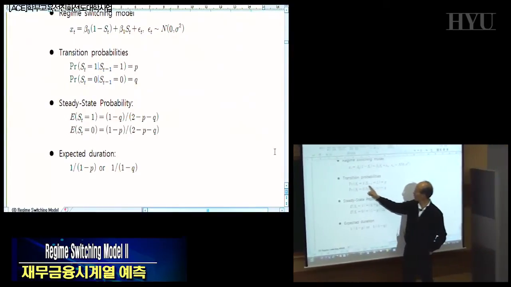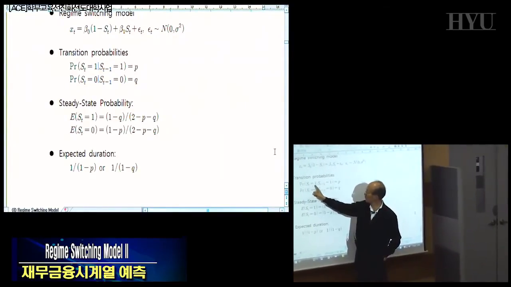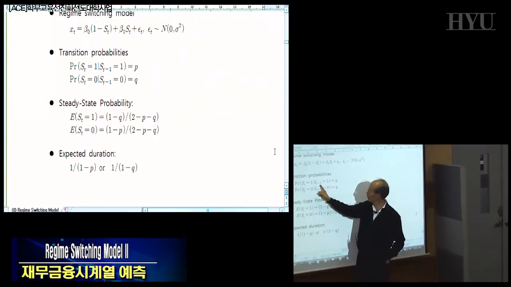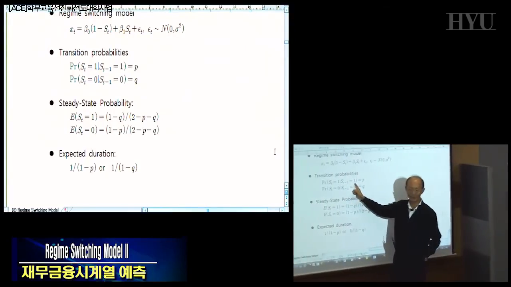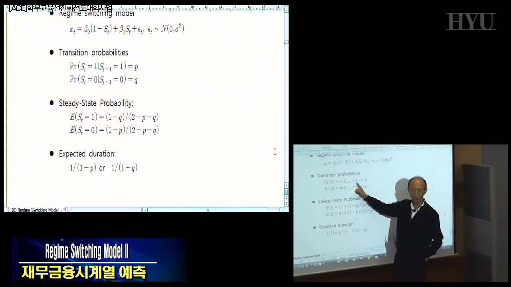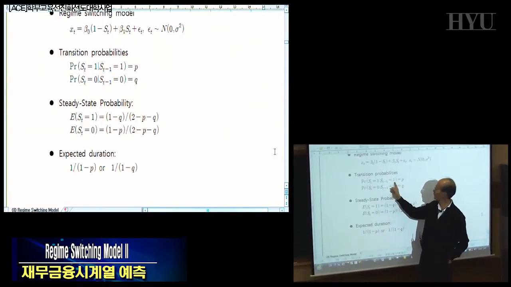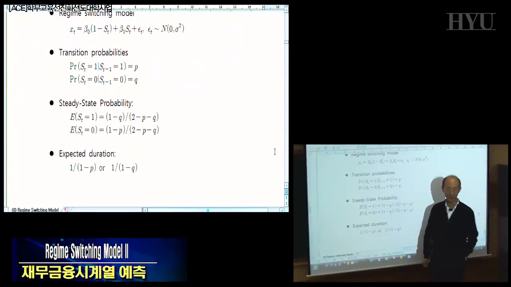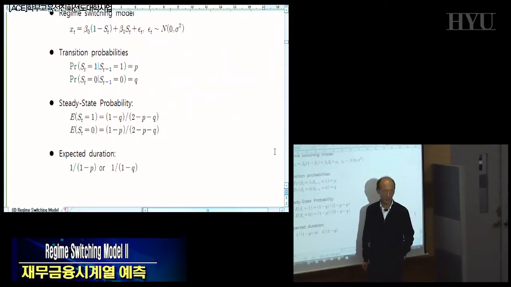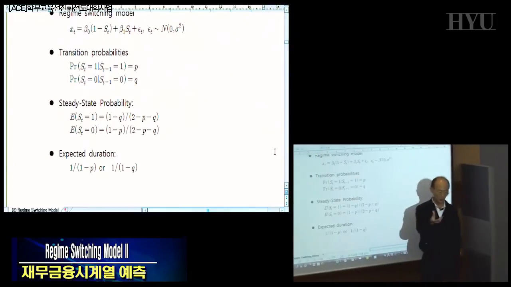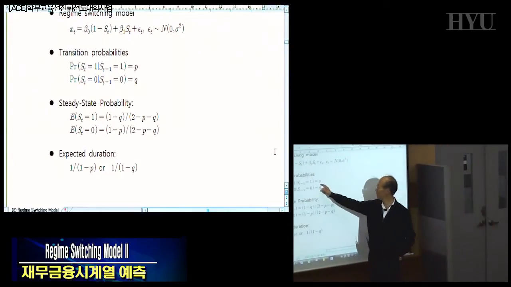What is the probability of the current state being 1 when previously in the same state 1? So this is the probability of staying in the same state 1, right? And let's say that is p, some number, 90%, some number. This is the number we'll try to estimate from the data.